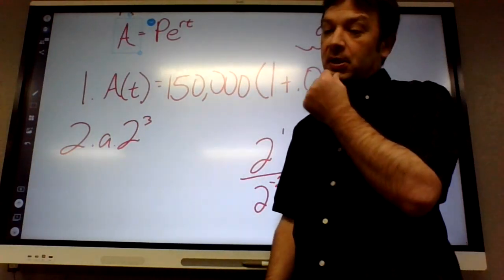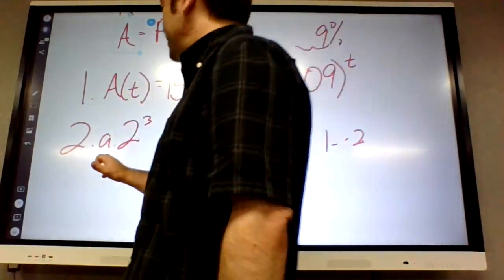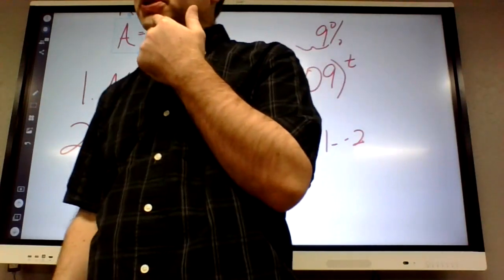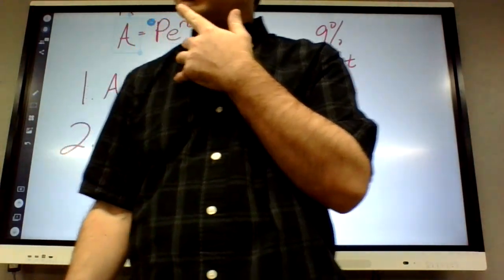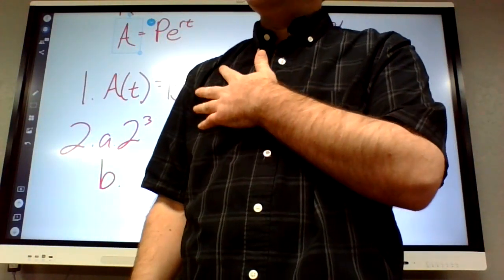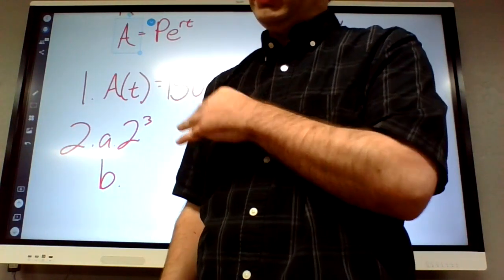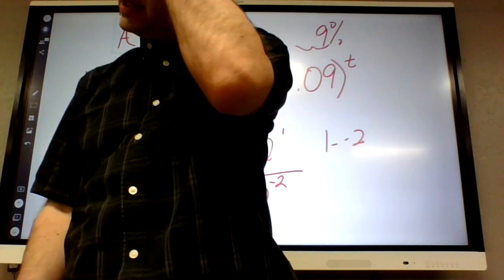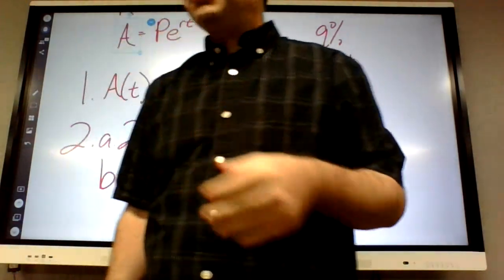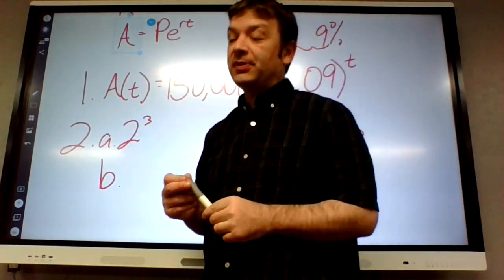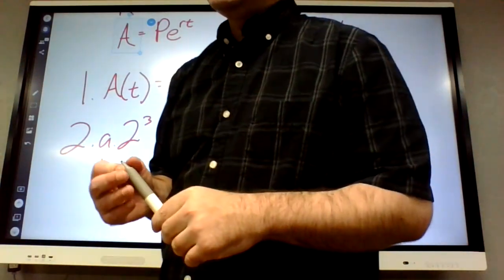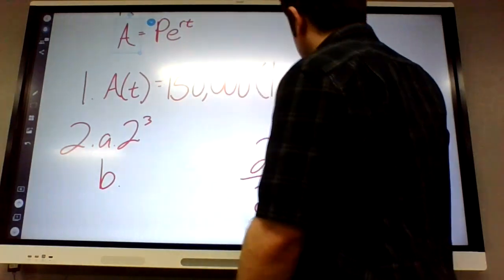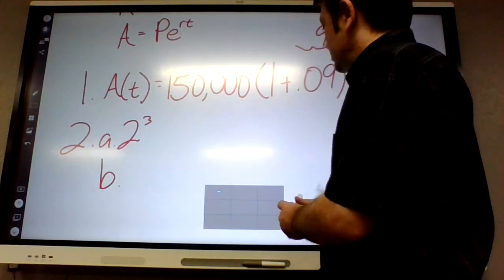Okay, B, what do you guys think about B? A little bit weird. Do we just distribute the negative 1 exponent? No. If there are 2 different terms, you can't do it like that. You have to simplify inside the parentheses first. What's 5 to the negative 2 turn into? Negative 25?